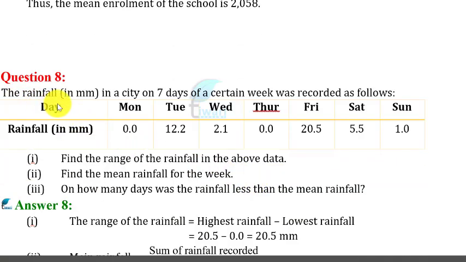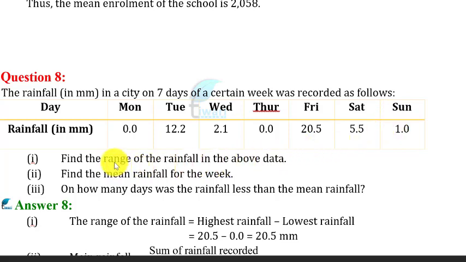The rainfall in millimeters in a city on 7 days of a certain week was recorded as follows: Monday 0.0, Tuesday 12.2, Wednesday 2.1, Thursday 0.0, Friday 20.5, Saturday 5.5 and Sunday 1.0.